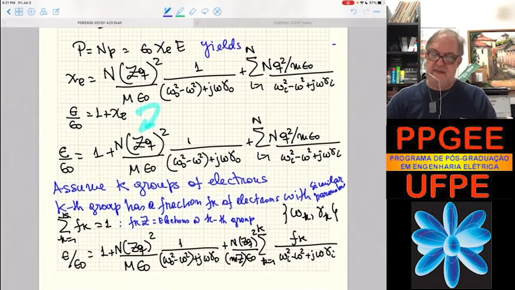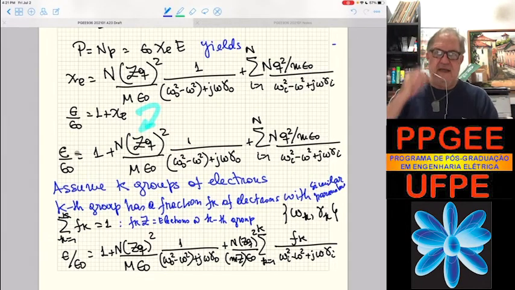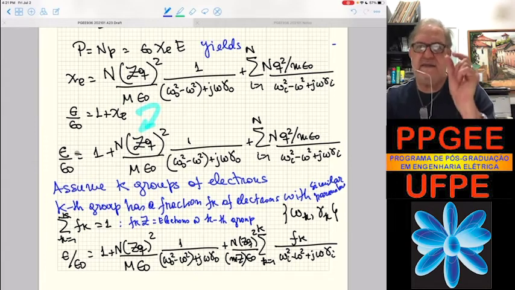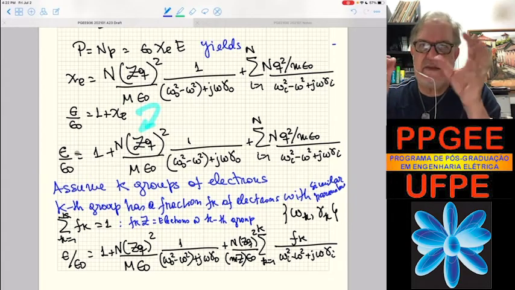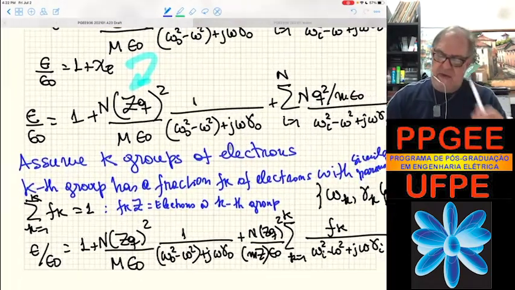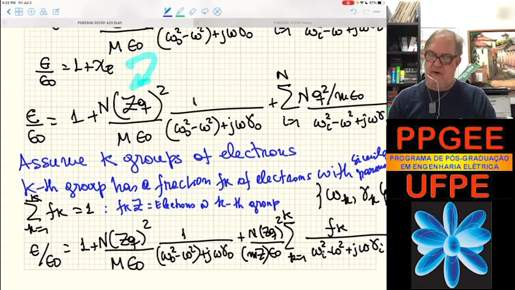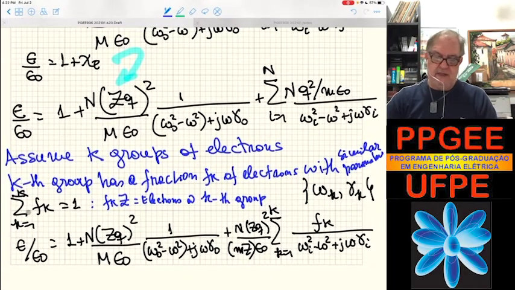Then you have the relative permittivity. We have this generalized function, okay? It's useful to assume that some electrons have very similar resonance frequency, and we assume that we have K groups of electrons. Each group has similar properties. In the kth group, you have a fraction f_k of electrons with similar properties, okay? So the sum of these fractions is always equal to 1, right?